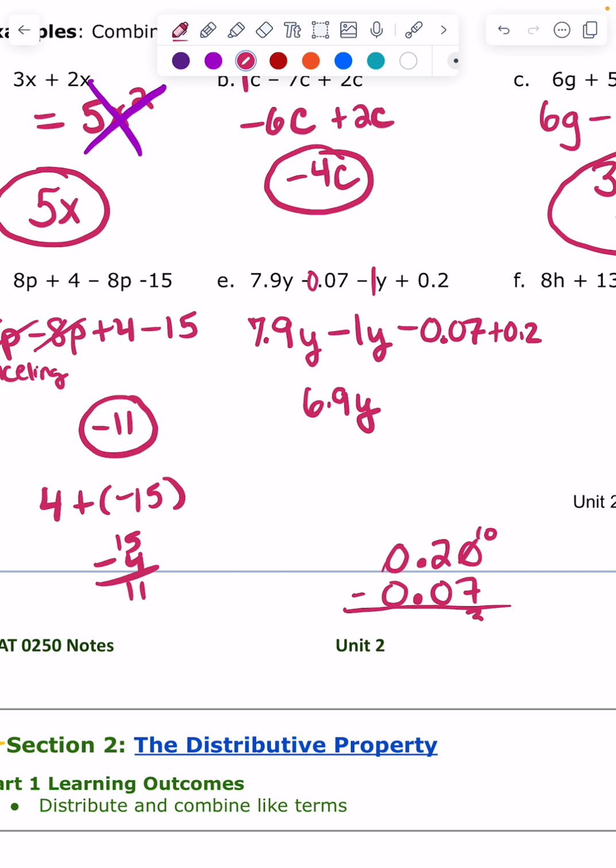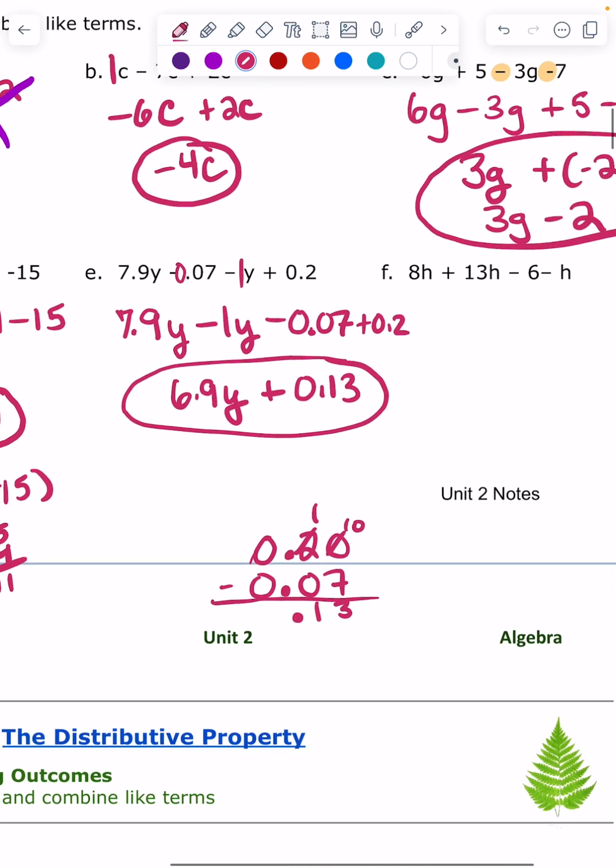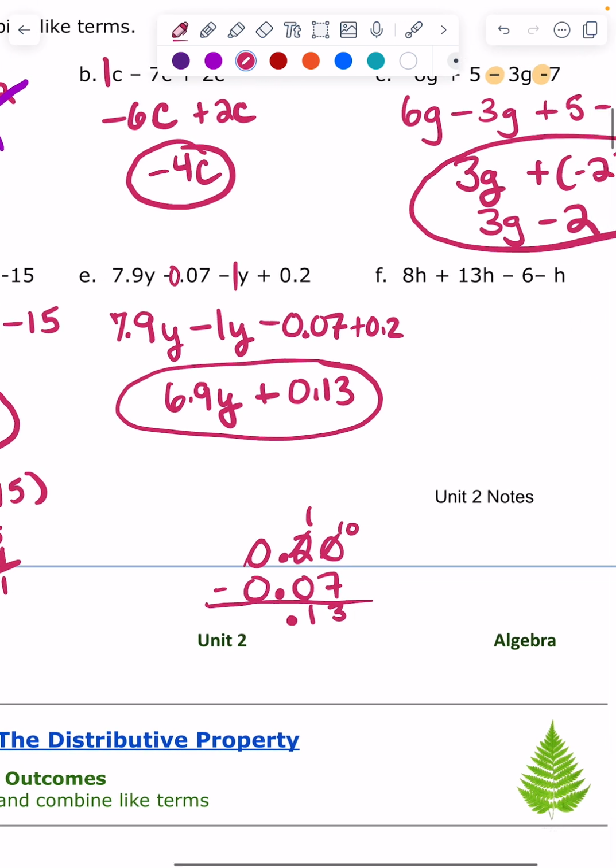So 10 minus 7 is 3. I had to borrow 1, so I get 0.13, but the larger number is the 0.2 and it's positive, so it's going to be positive 0.13. So this brings back some of our Unit 1 lessons to re-explore.